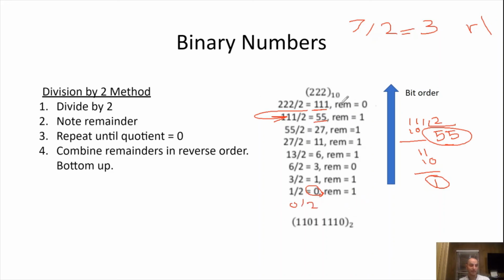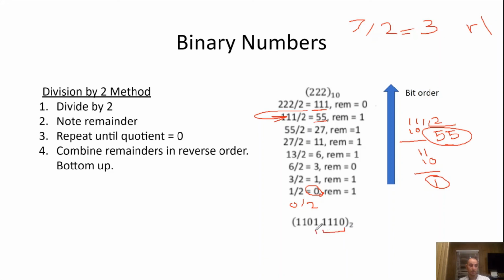And after that, when you got that, you have your bit order from down to up. So if you write your number 1 1 0 1 1 1 1 0, that's basically your number that you have here. And there is a convention, to make it easier, we do every 4 digits.